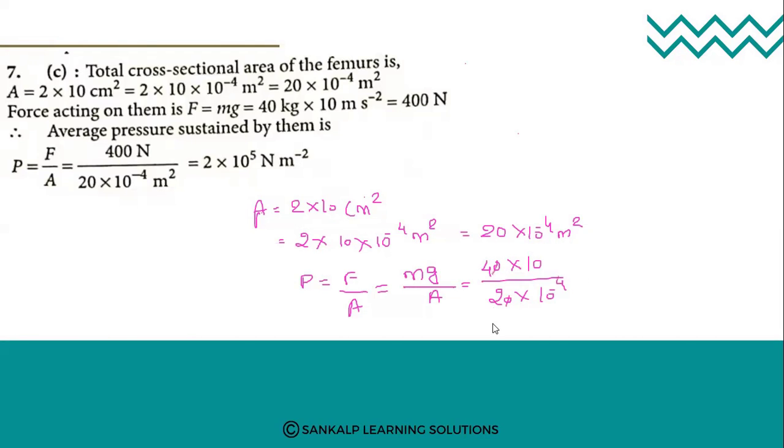So one 0 will go, 2 and 2 cancel, so it is 2 into 10 to the power of minus 4. Going to the numerator it becomes plus 4, so it will be 10 to the power of 5. So the pressure is 2 into 10 raised to 5. Option C is the answer. Yes, copy down the solution.